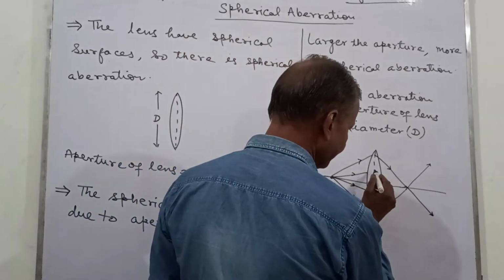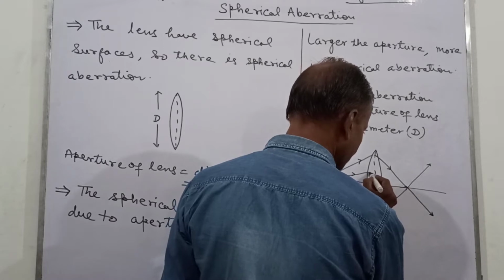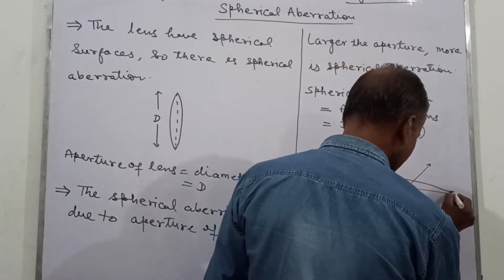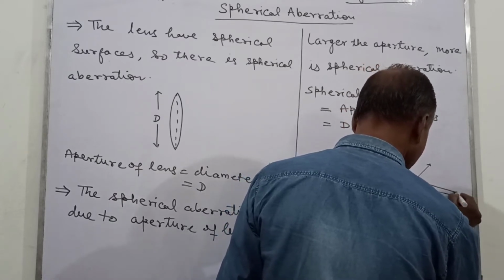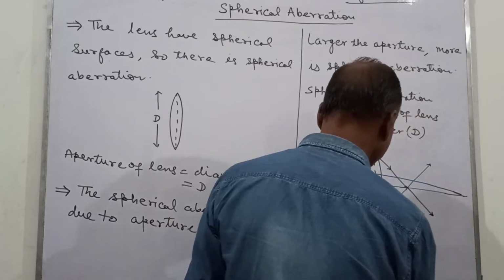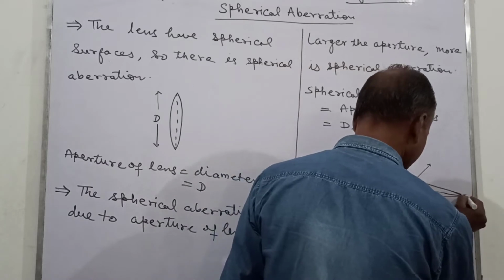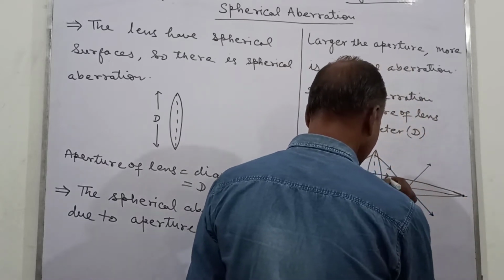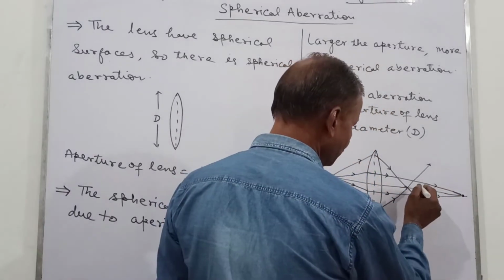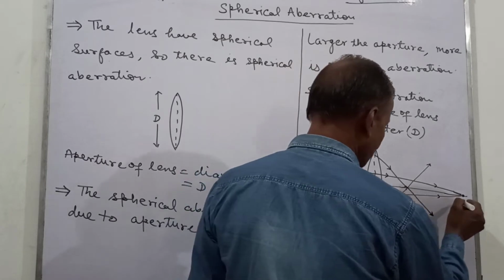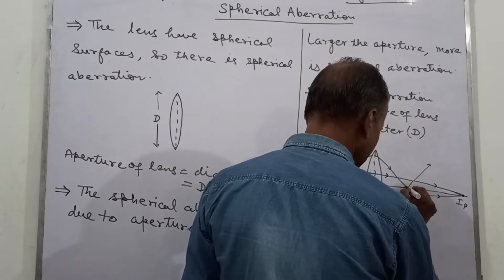Now these two rays, this is suppose paraxial, so this is now your IP, and this is now image.